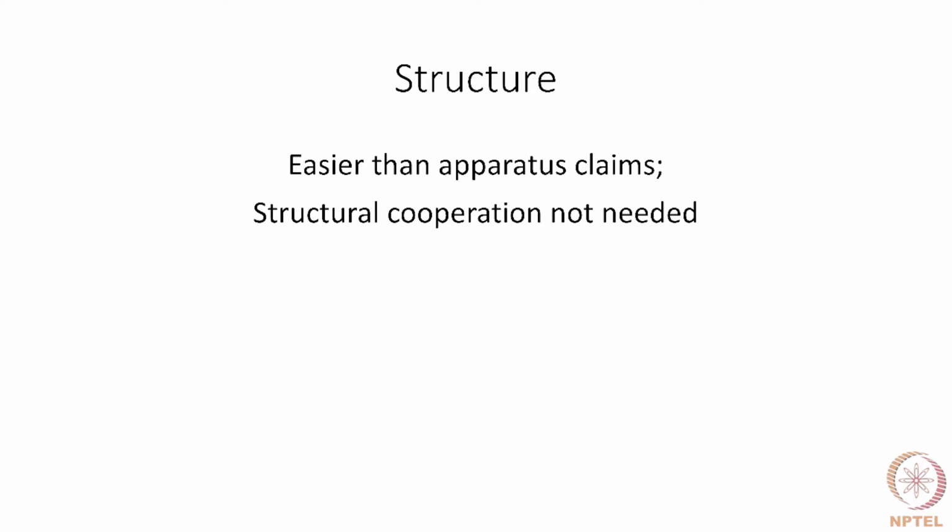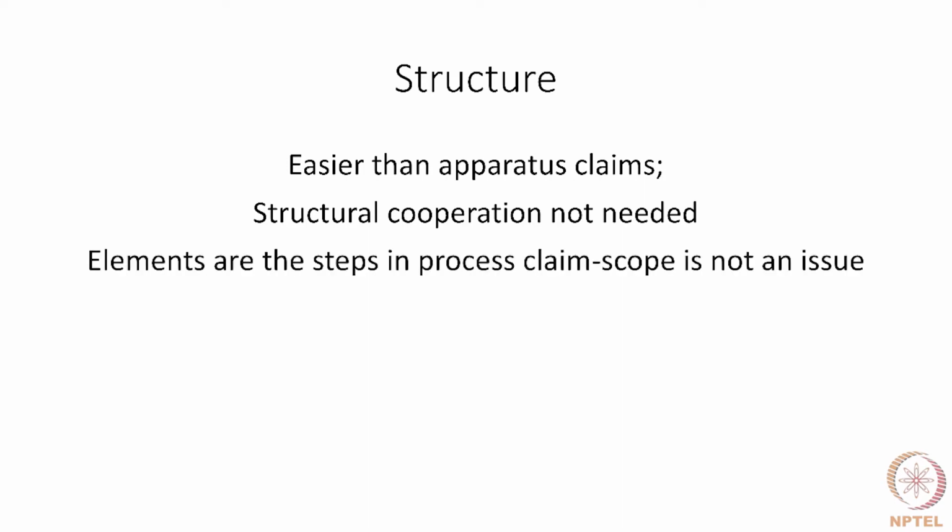In an apparatus claim, if there are elements A, B, and C, you have to show how A, B, and C cooperate with each other functionally, structurally. That's not needed, because in a method claim or a process claim, the elements are the steps in the process.